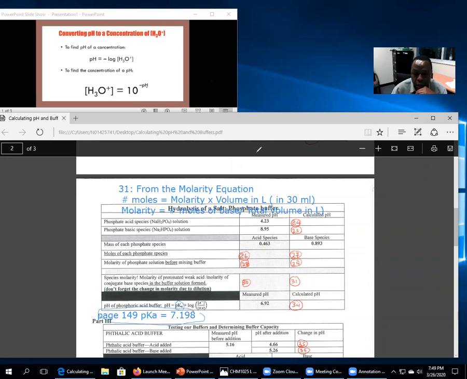Everybody, you see that? That is where I'm getting that. And this value will just come right here for the acid, and this comes right here for the base. Everything right there will be the calculation for that. That is why I was saying 7.198. That is the pKa of the acid. Any other question?